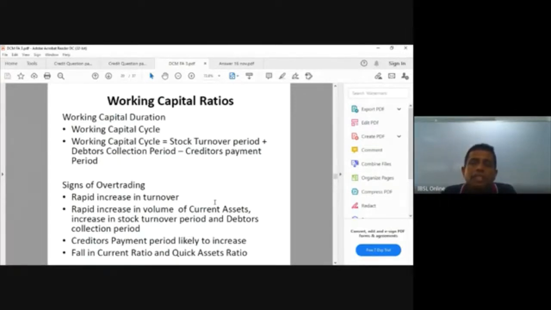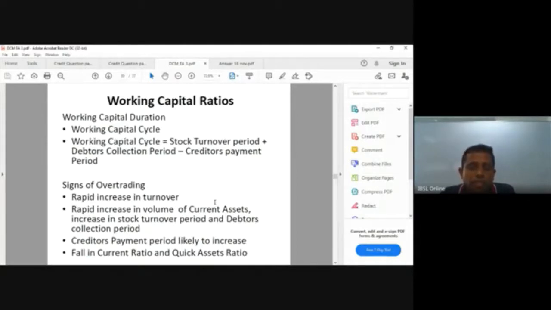When you have higher sales, you are producing more and more inventories. But if it is not a natural expansion of your business, if it is on a temporary basis, your stocks will also increase, your debtors will increase, and therefore automatically your creditors will also increase, right?